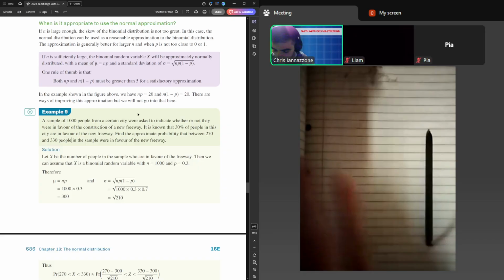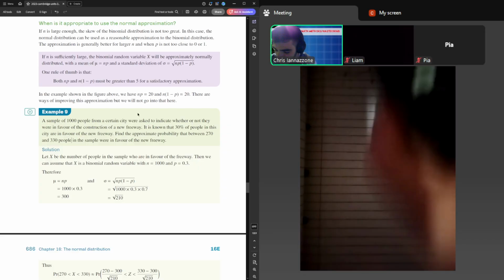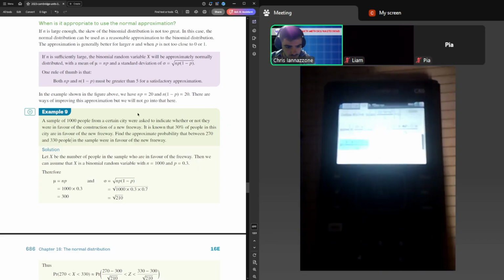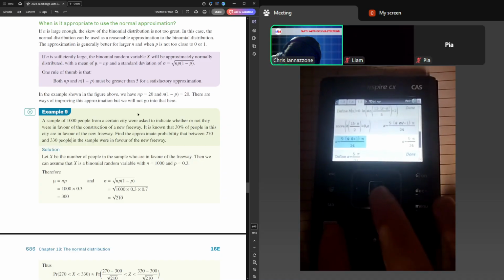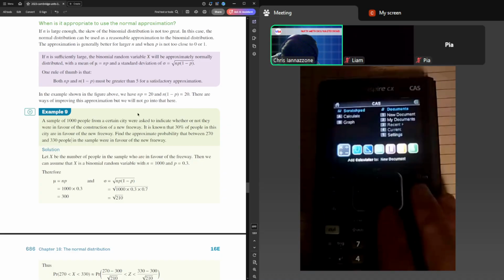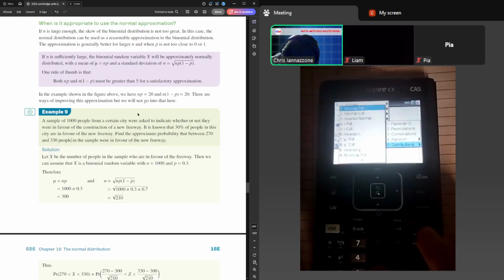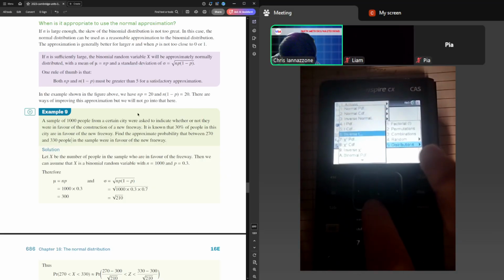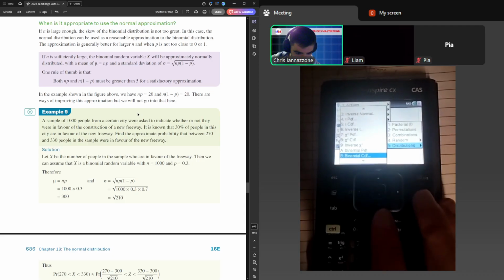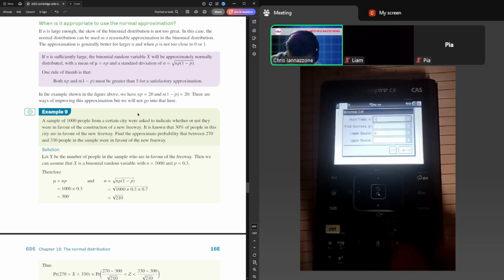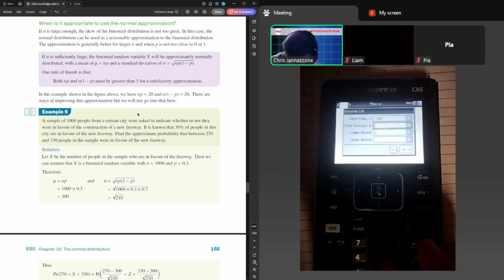So if we just give that a shot on the CAS, let's clear all this. Try that again. Menu 5.5. If we're doing binomials, all the way down here, binomial CDF, the n is going to be 1,000. That's our number of trials.